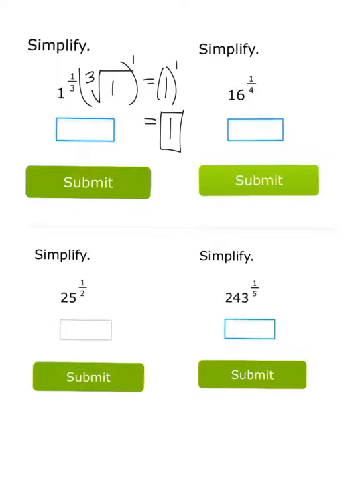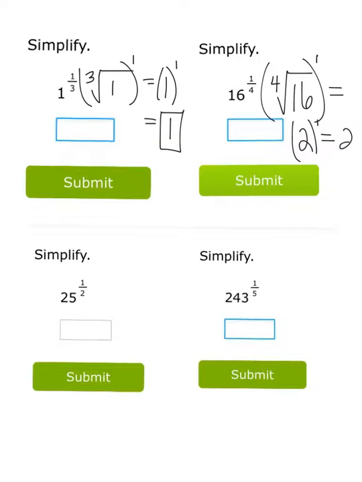Let's do the next one. So this time my root is 4. So this would be the 4th root of 16, all raised to the first power. So I'd have to think, what number would I multiply by itself 4 times to get 16? And that would be 2. So this would be 2 to the first power, which is just 2.